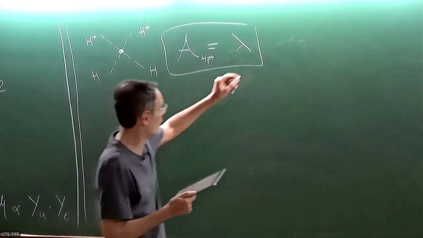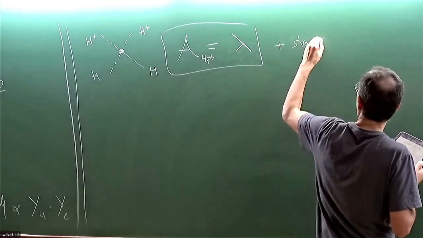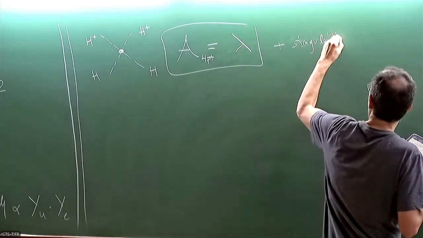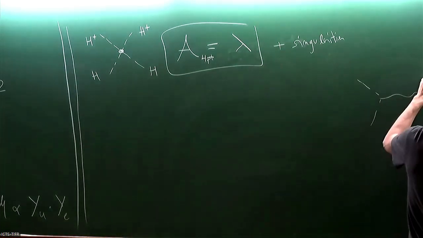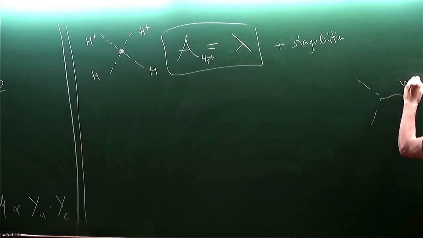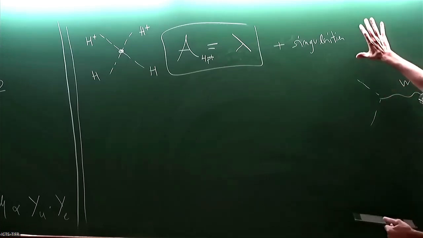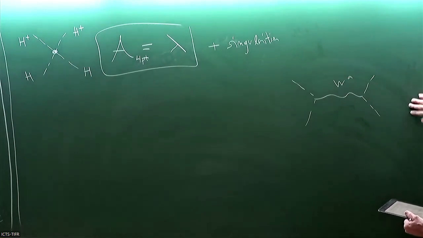Of course, there can be other contributions that have singularities. And those, yes, will be determined. For example, those coming from exchange of a W in the standard model, those will give you singularities. So I can build something with singularities, something where I can easily guess the answer.